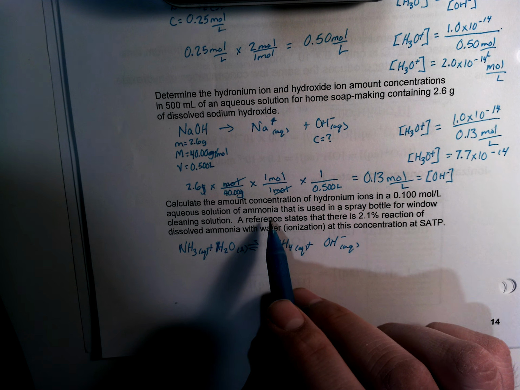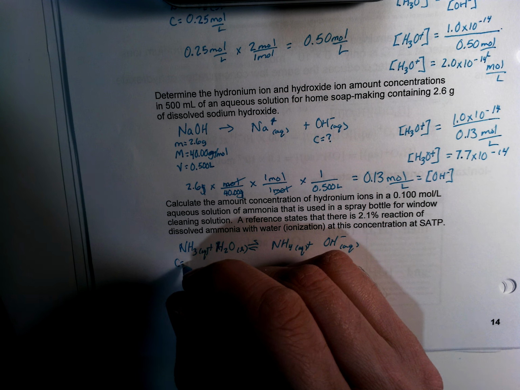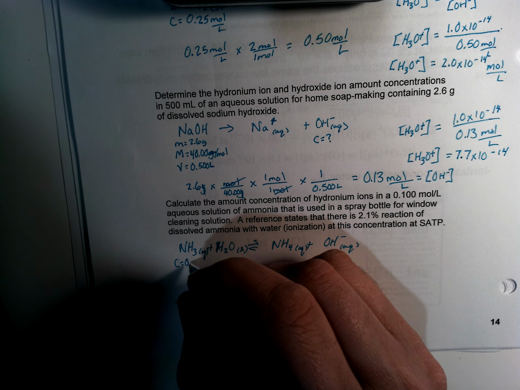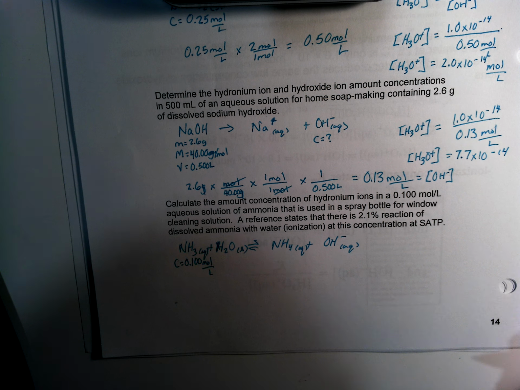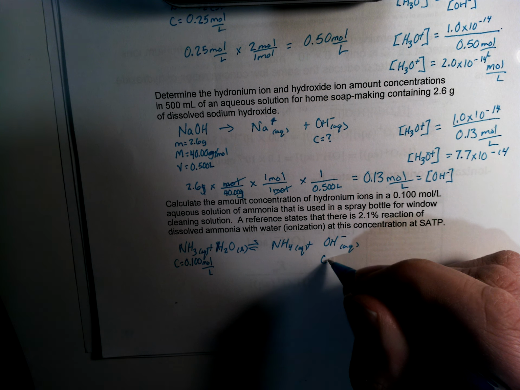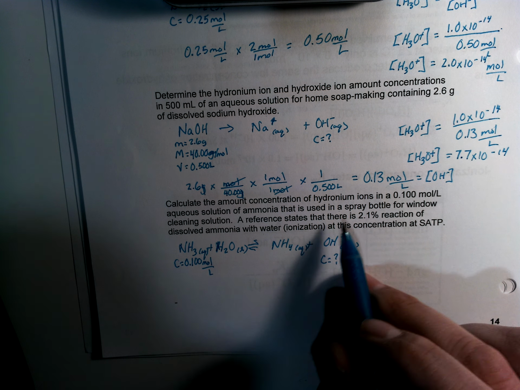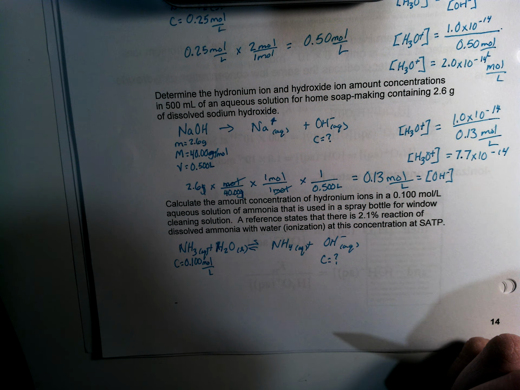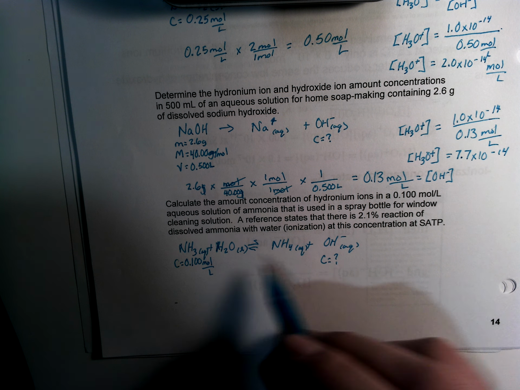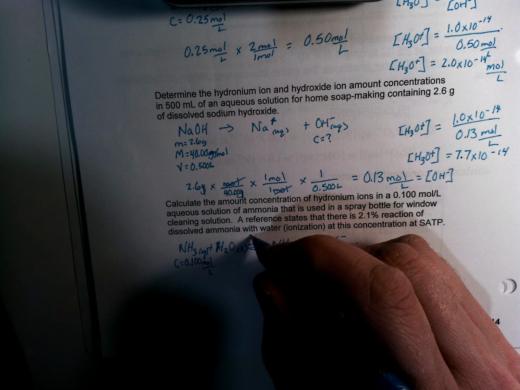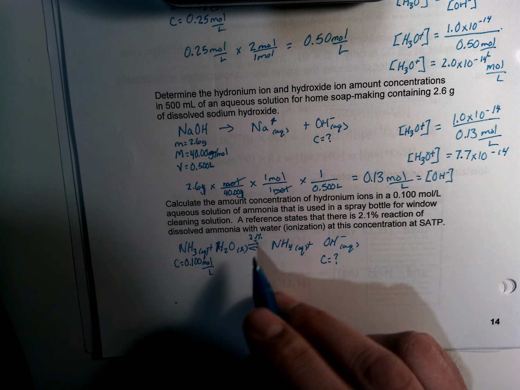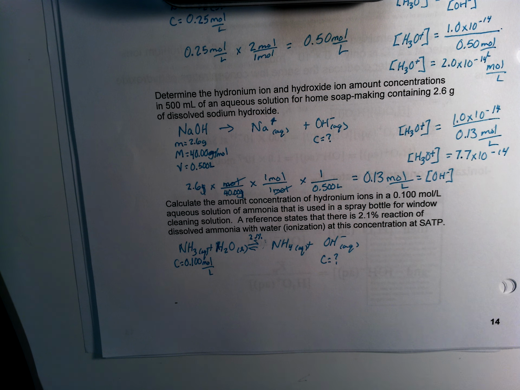So our concentration of ammonia equals 0.100 moles per liter. Okay, we want to know what this concentration is in order to then find the concentration of hydronium. Okay, and so it's 1:1, but only 2.1% of the reaction actually proceeds forward.